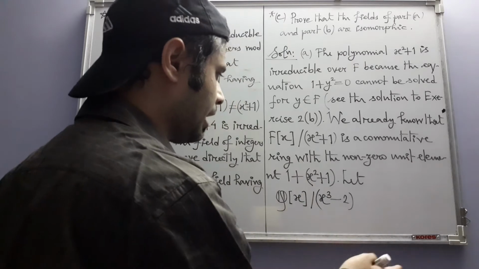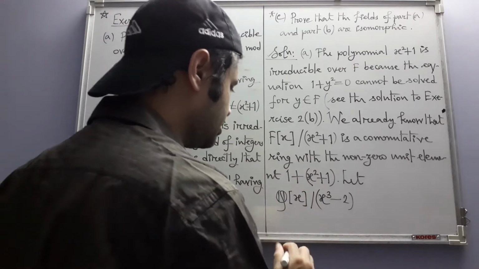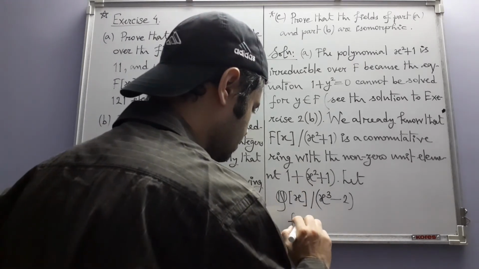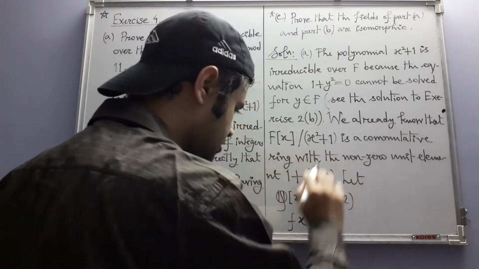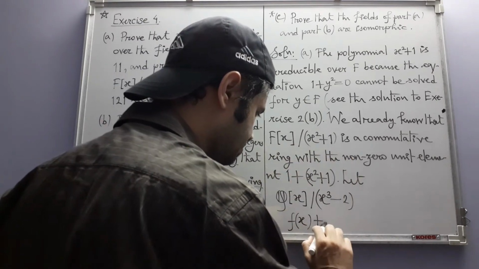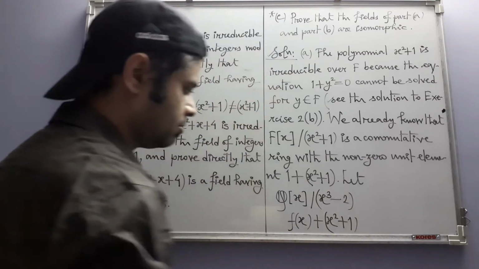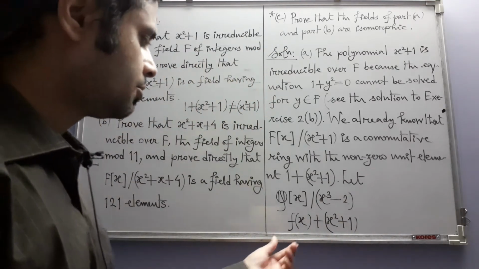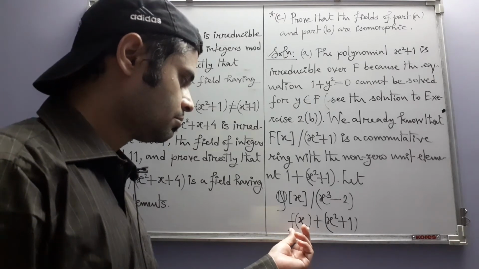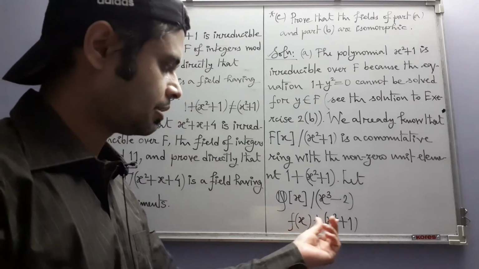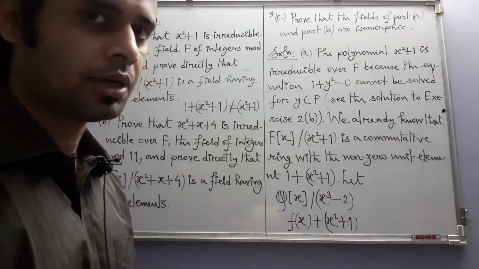In fact, not going that far, you can just simply see this thing. A general element in this ring will look like this now. What you do, you use the division algorithm to divide f(x) by the polynomial x square plus 1.